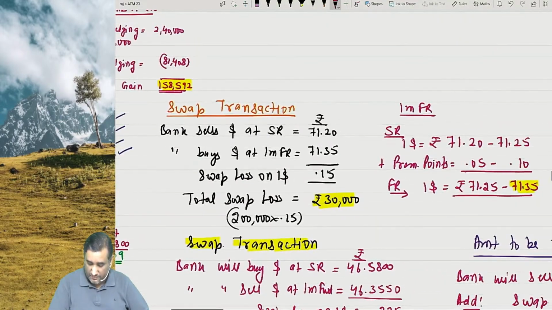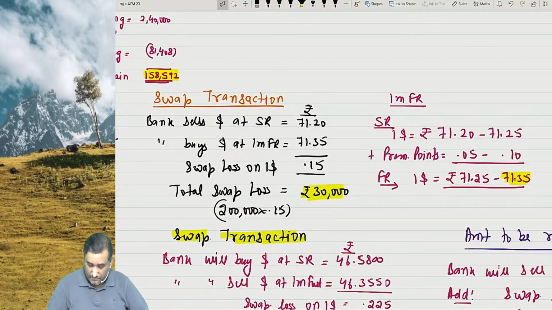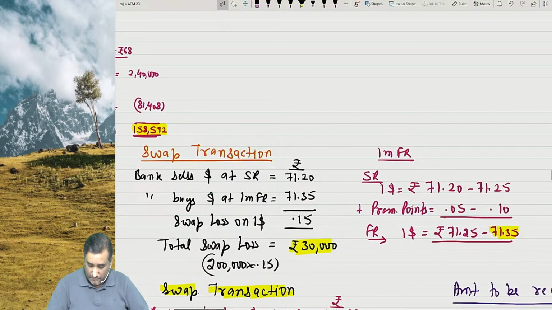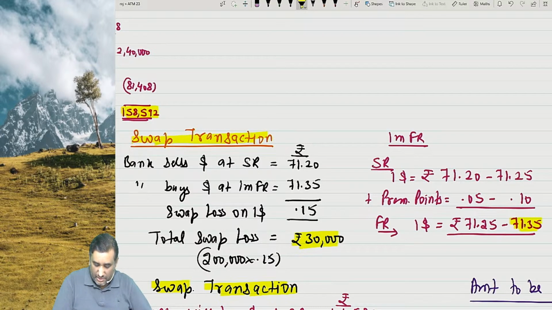I have done the swap transaction. Bank sells dollar at spot rate, bank buys 1 month forward at 71.35. Swap loss on $1 is 0.15, spent 30,000. Then you have what? 1 month.